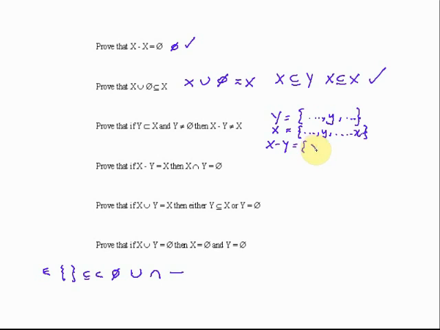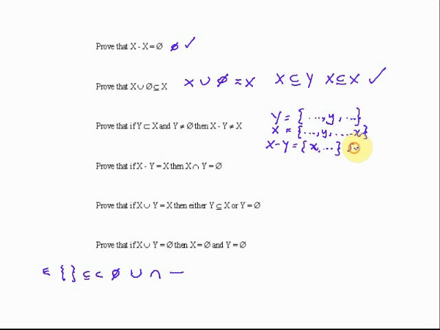So it is x and maybe some other stuff besides. Now that is not equal to that, because it omits all of that stuff. It is missing all of that stuff.